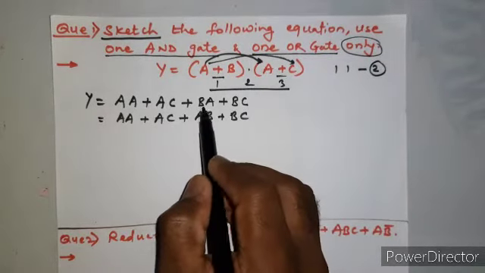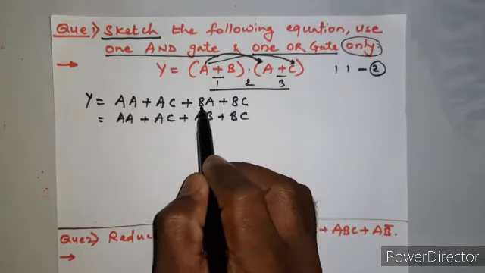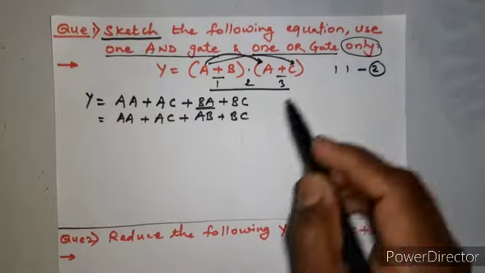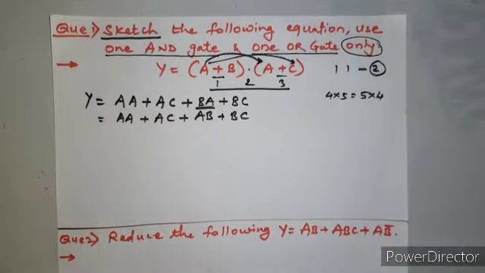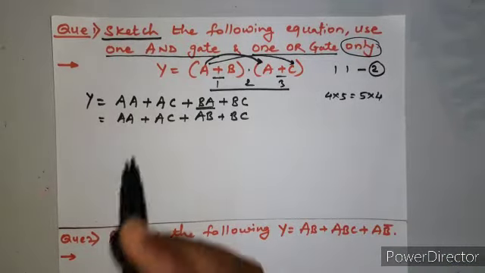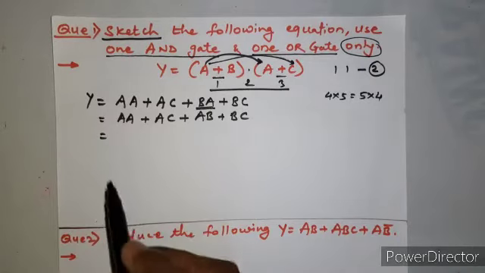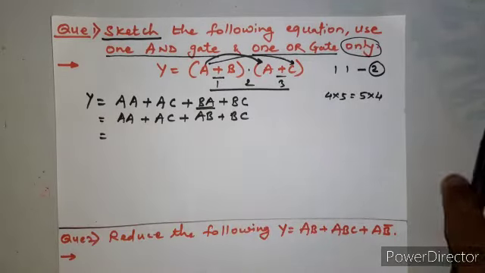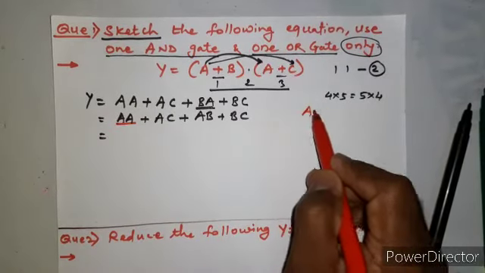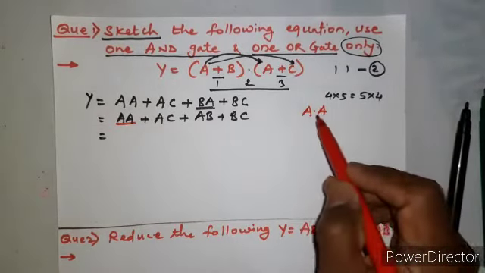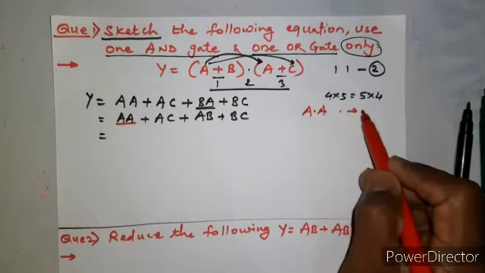In the previous lecture we have seen this rule, I think the commutative rule. So 4 into 5 is as good as 5 into 4. Now this is a part of the AND rule, because here we have A dot A, and the dot represents the ANDing operation.